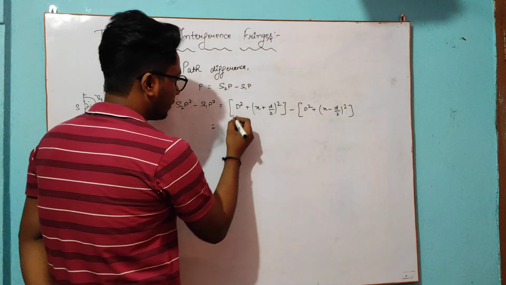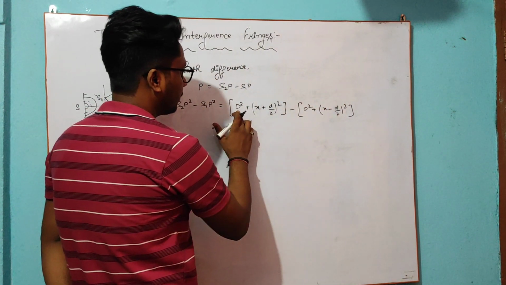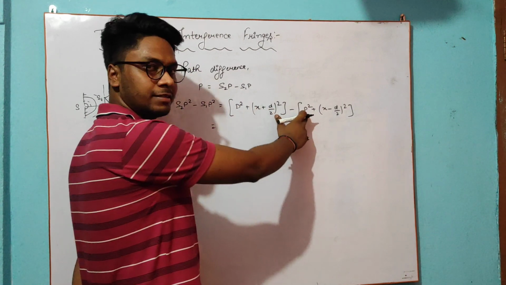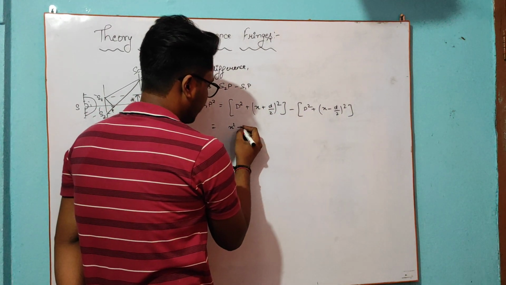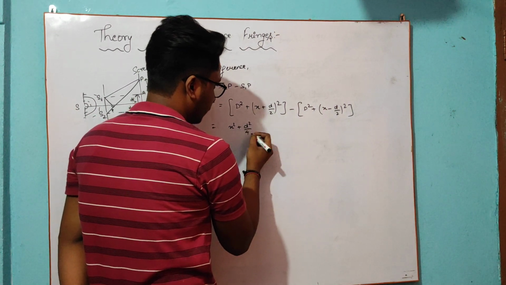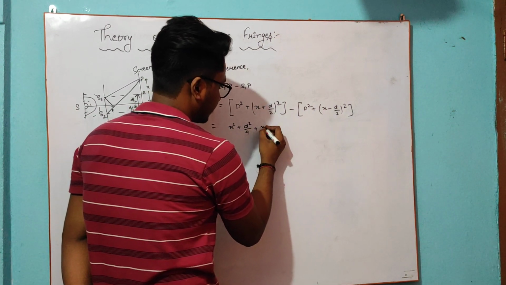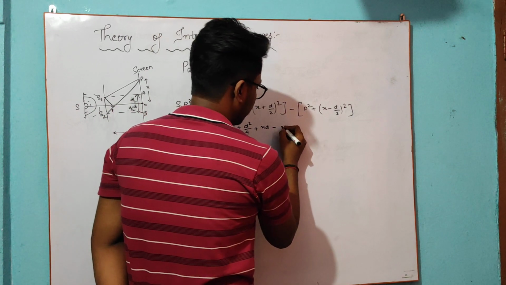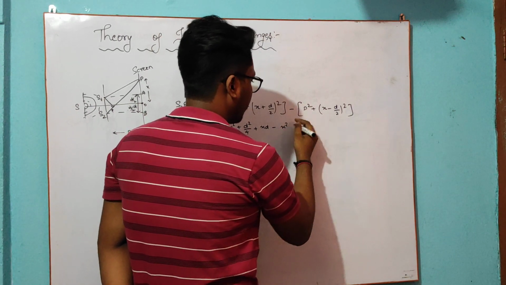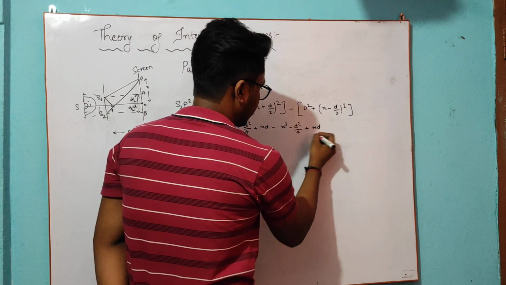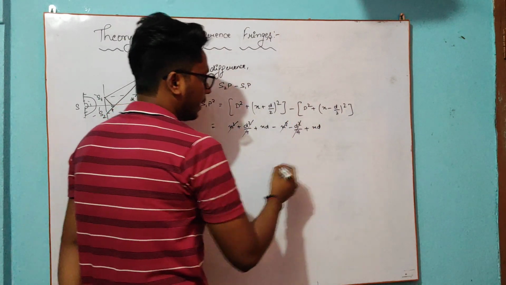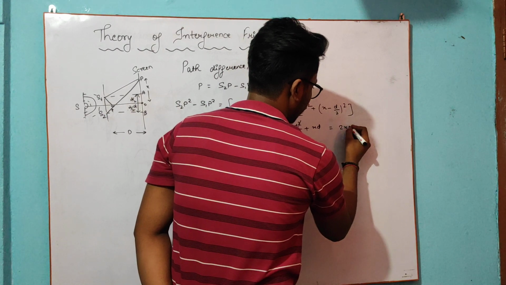Now solve it. See, on opening the bracket this D square will be cancelled by this D square, and if you expand this term then we get x square plus d square by 4 plus xd, minus x square minus d square by 4 plus xd. So this is cancelled out and we get 2xd.